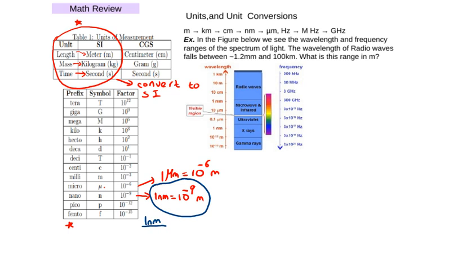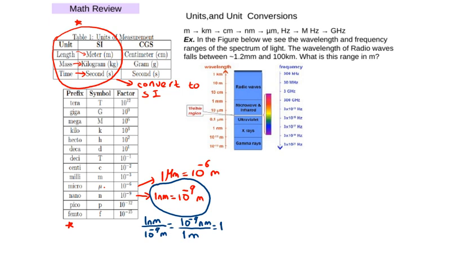As I do conversions, let's look at this guy here, nanometers. I'll write this. 1 nanometer divided by 10 to minus 9 meter should be equal to 1, right? Because they are equal to each other.